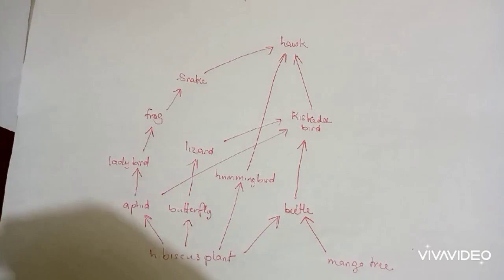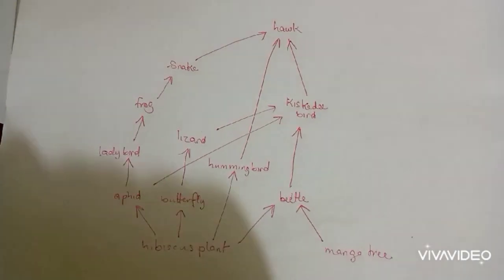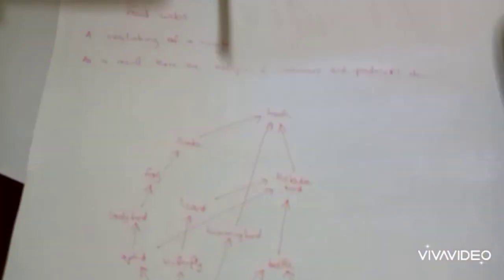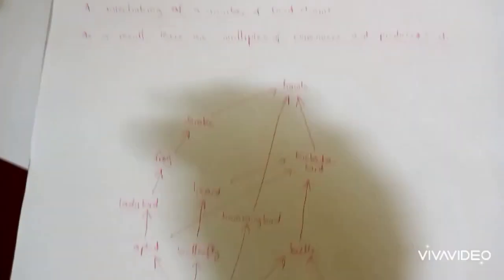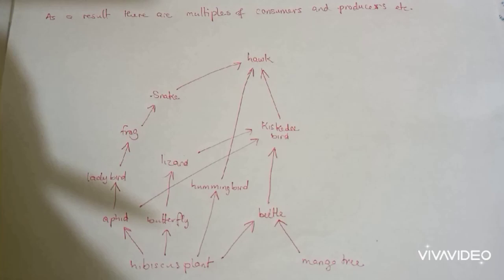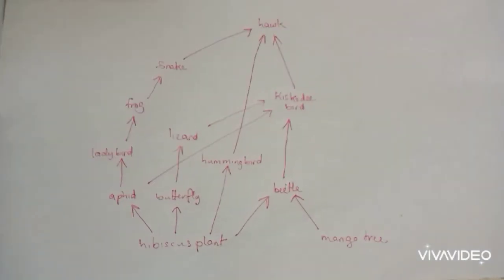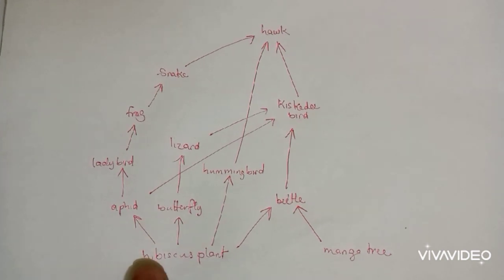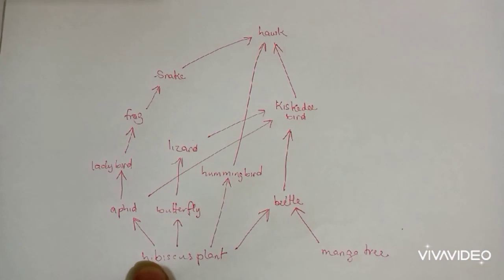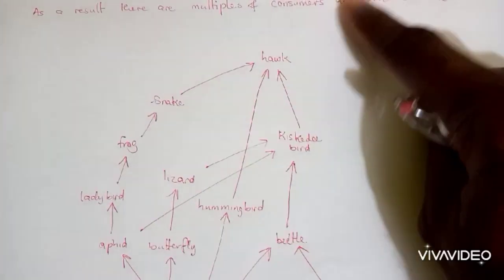So unlike the food chain that you would have seen just, a more realistic view would be a food web, where as you can see, well, the best example would be the auk.